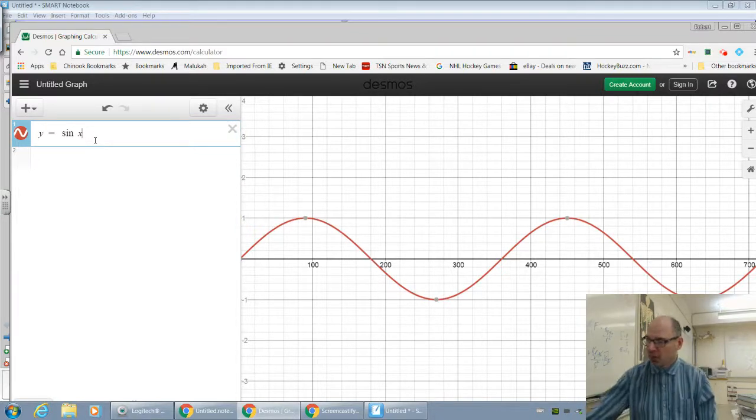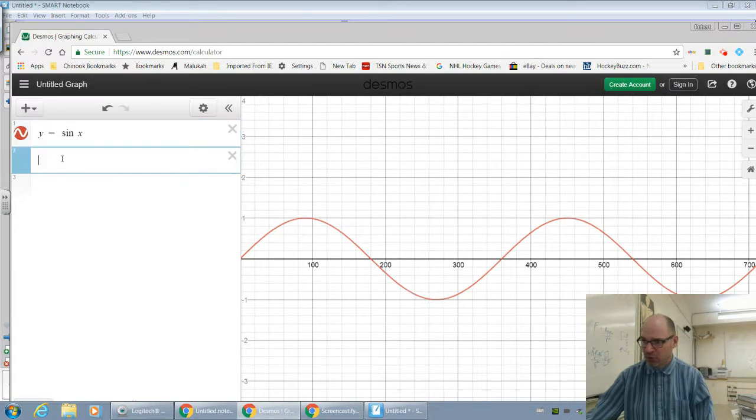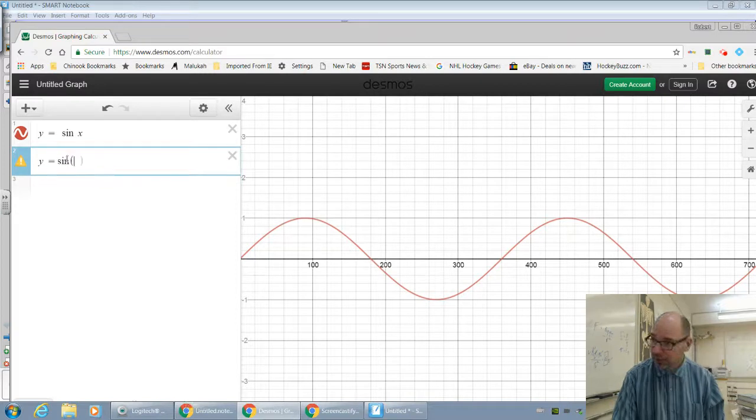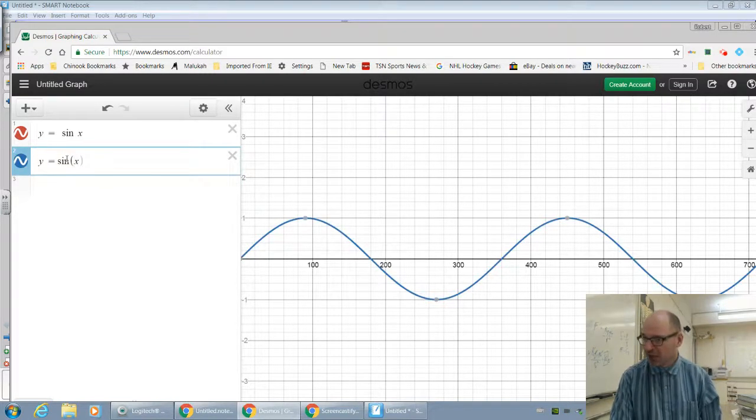Now what we're going to do is we're going to add a number to the x. So we're going to put it in brackets. So we're going to do y equals sine bracket x plus some amount of degrees. Let's say plus 30 degrees. Or let's do plus 70 degrees.